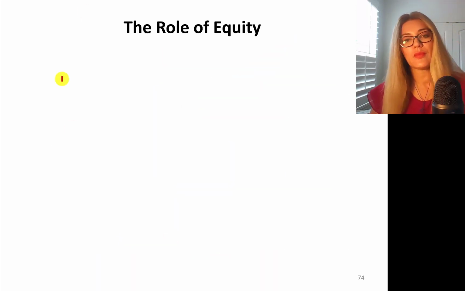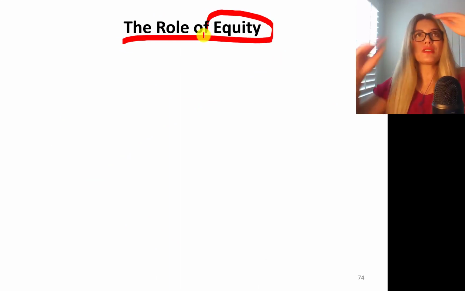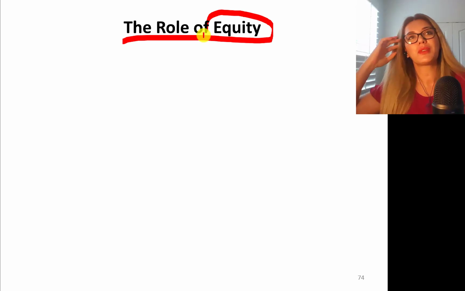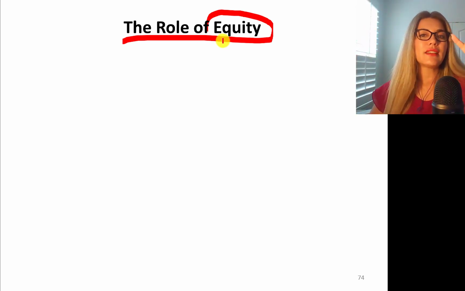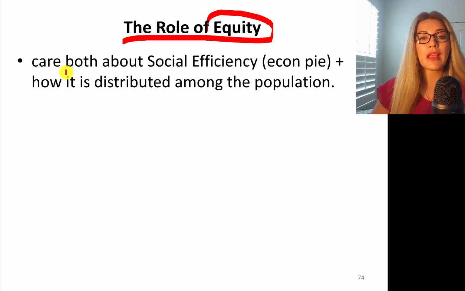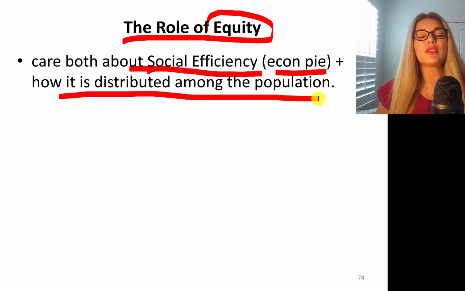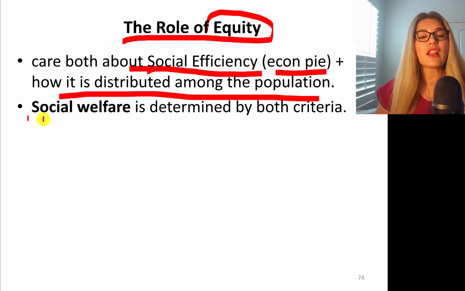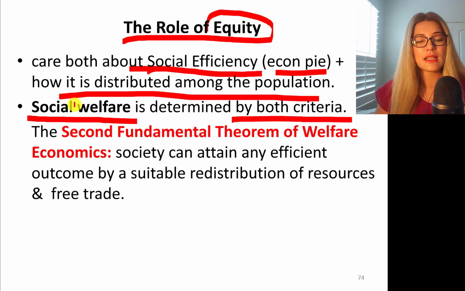Okay? Let's talk about the role of equity. We talked about efficiency, right? We want everything to be efficient, but if the whole economic pie goes to one consumer only, then there's no fairness, so to speak. So we care both about social efficiency, the size of the economic pie, and how it is distributed among the population. Social welfare is determined by both criteria. Never forget this.